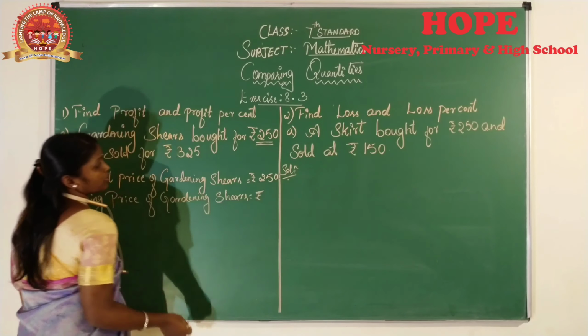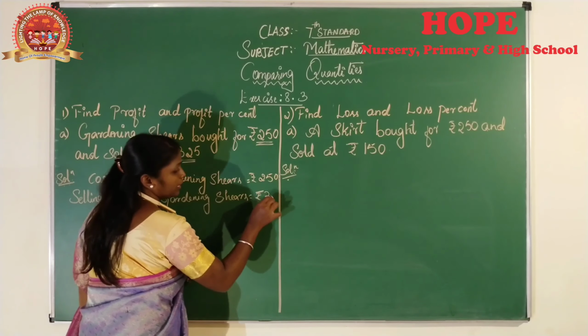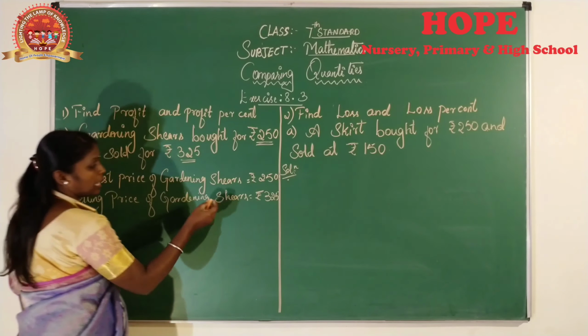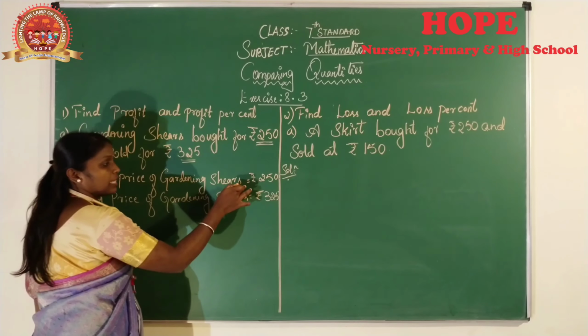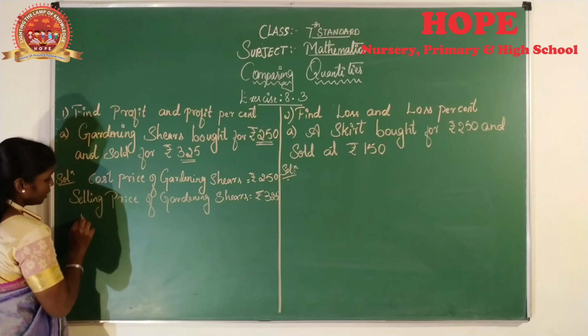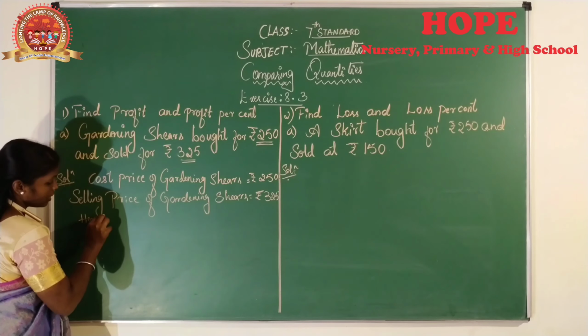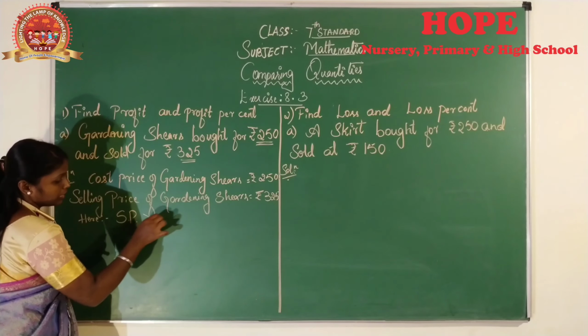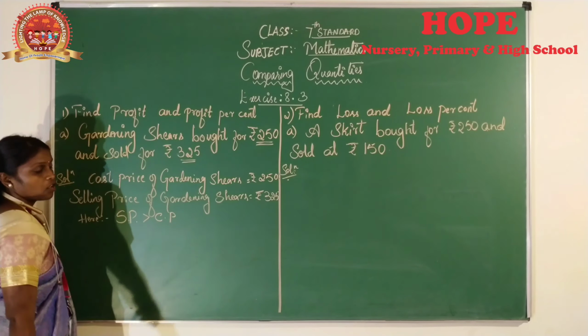It is given for us as 325. So here we can see that SP is greater than CP.